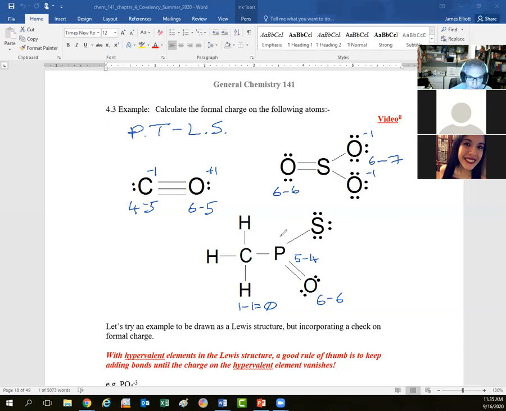So a +1 charge on the phosphorus, and the sulfur, like oxygen, should control 6 because it's the sixth element in the third row of the table, but it's actually controlling 7, one more than it should, so a -1 charge on the sulfur.